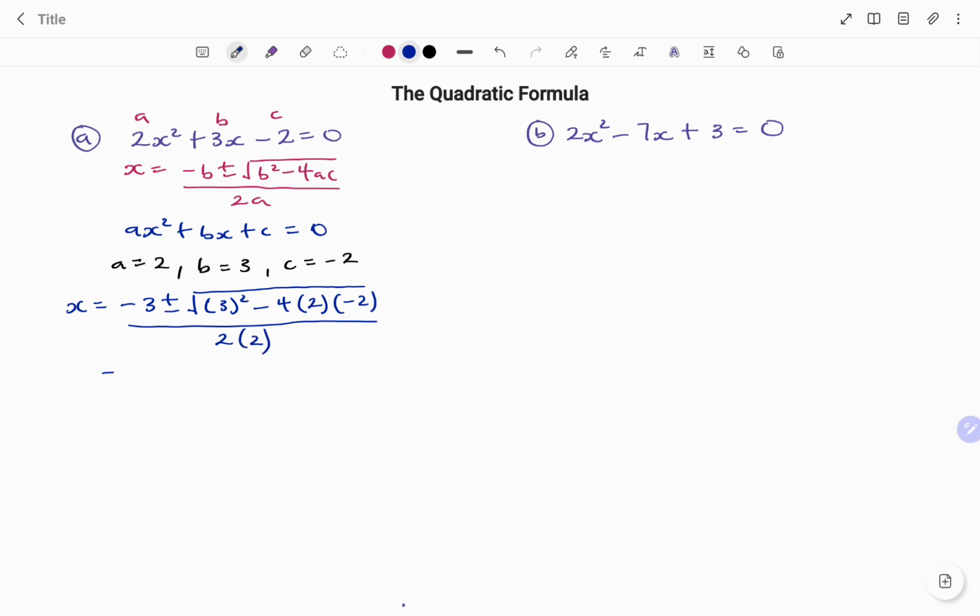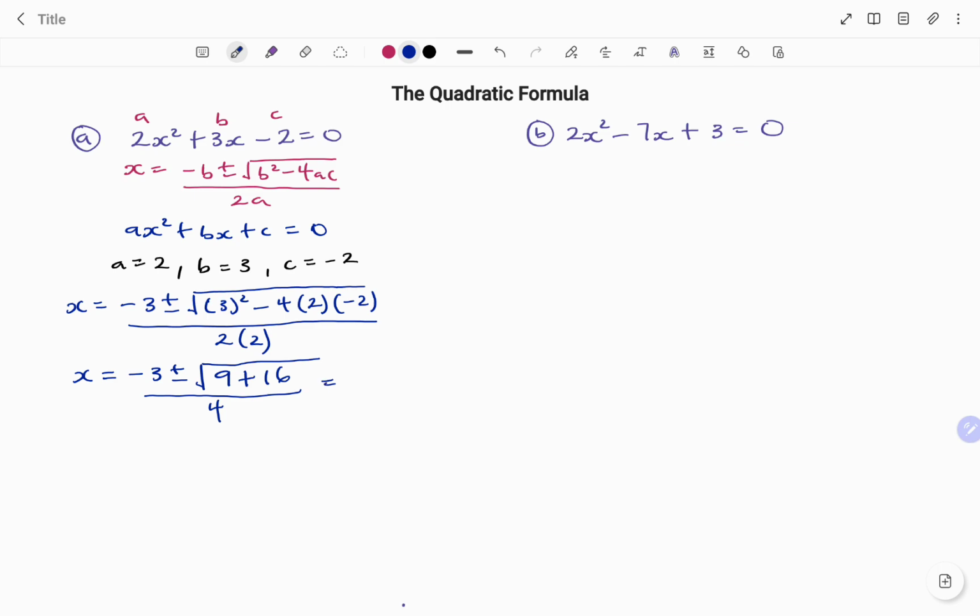Simplifying, I'm going to have x equals minus 3 plus or minus, I still have my square root, 3 squared, that's 9, minus 4 times 2, that's minus 8, minus 8 times minus 2, that's going to be plus 16, divided by 2 times 2, that's 4.